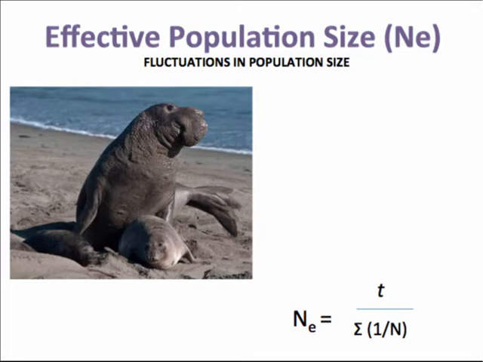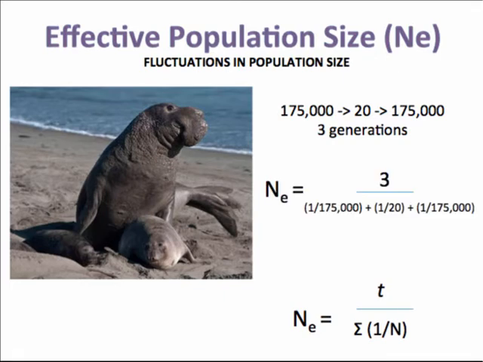So for simplicity, we're going to assume the population went from 175,000 to 20 to 175,000 individuals over 3 generations. So we would take this and we would plug and chug. So 3 generations, that's going to be our t on top.